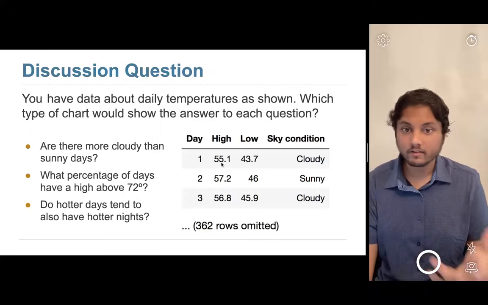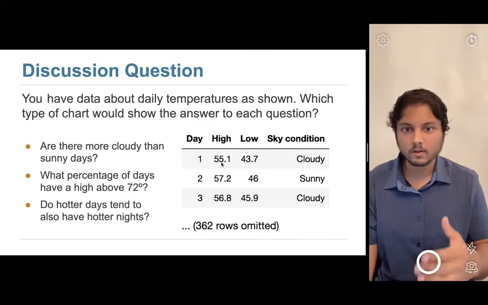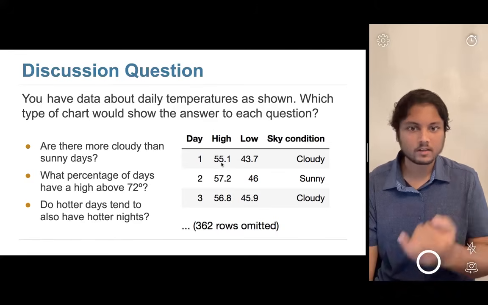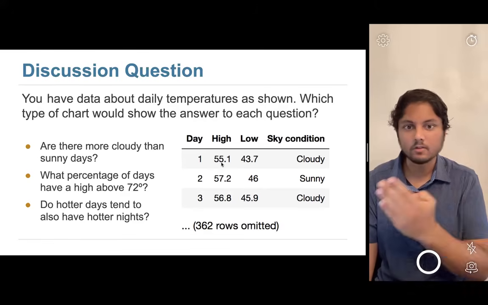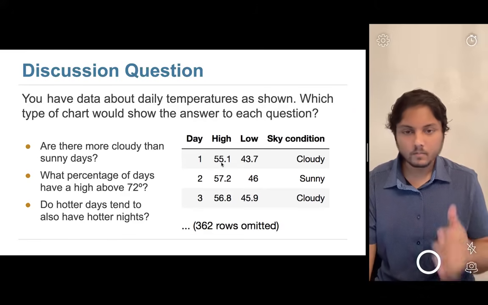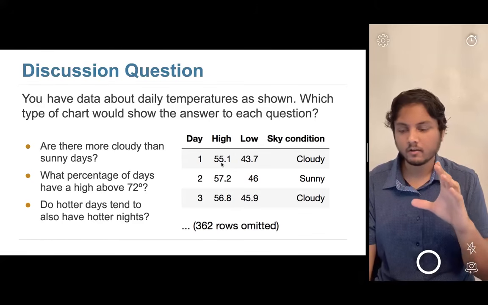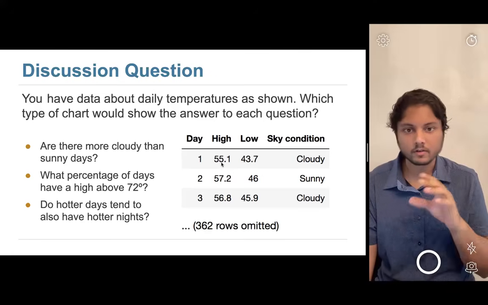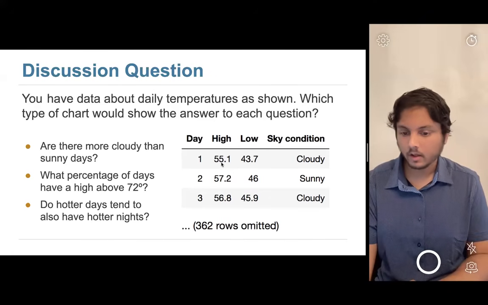One really fast way to do that is to make the bins really simple. If you make the bins from 0 to 72 and then 72 to 200 or something like that, you're going to see basically two bins, and then you can very quickly answer that question. You can get a sense of the area of the bin that's greater than 72 versus the bin that's less than 72. So that'd be one way to answer that quickly.